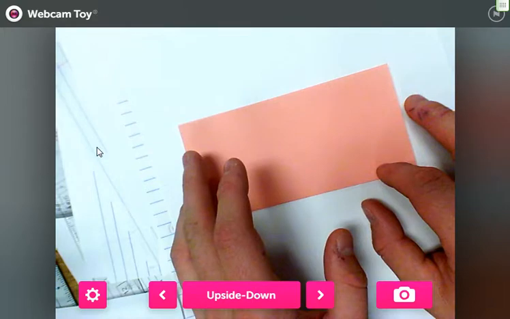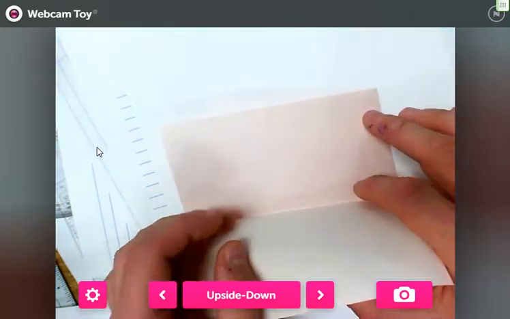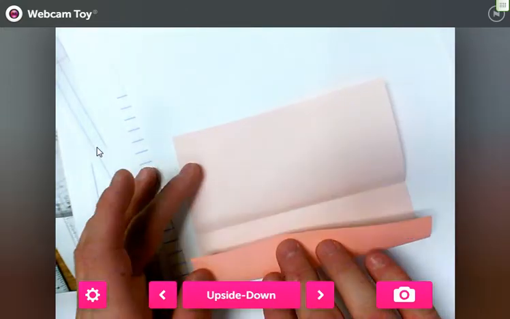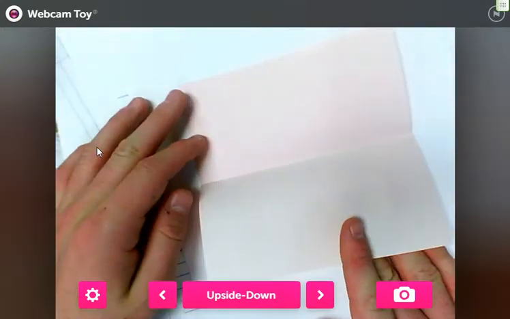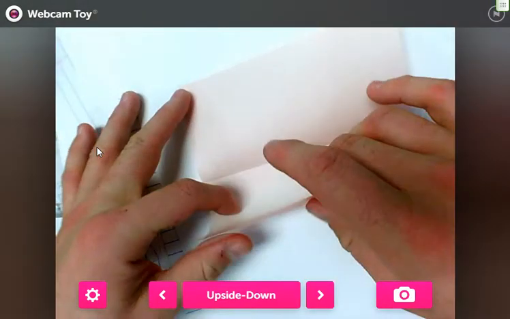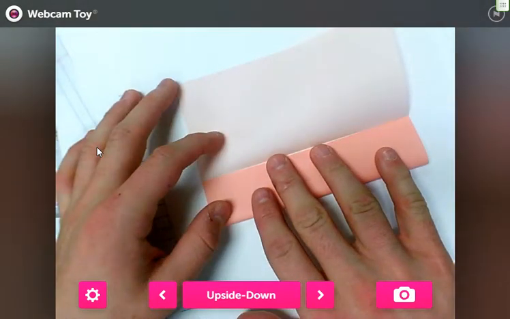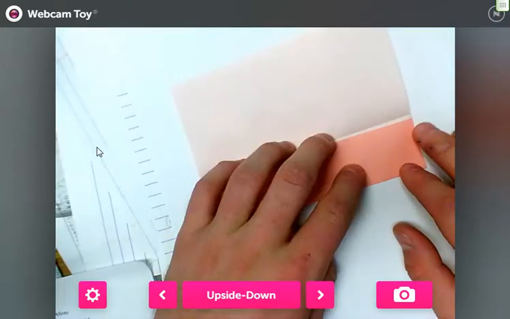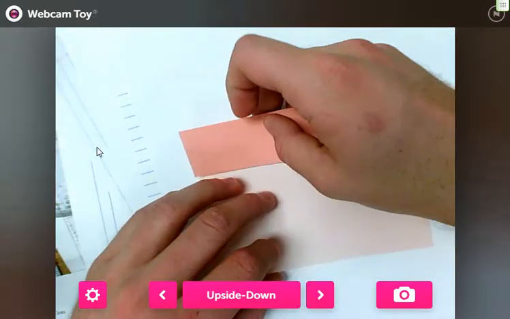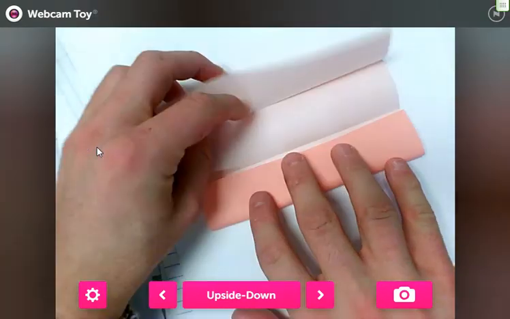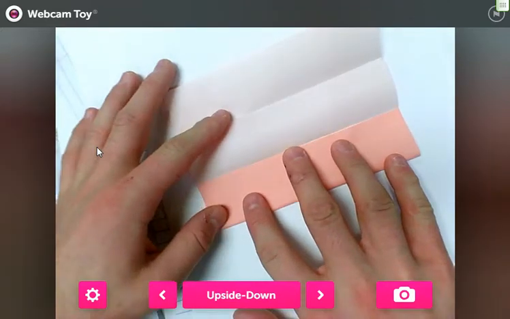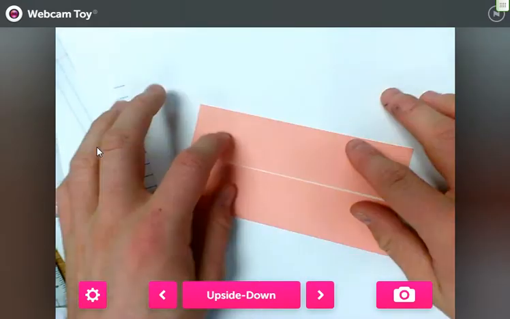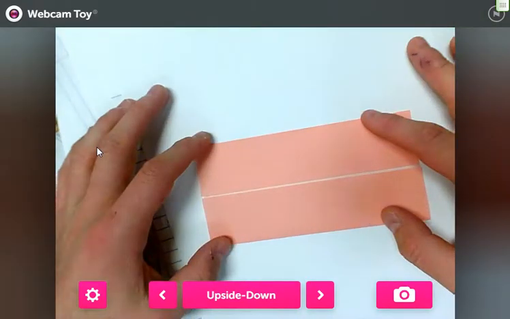Now we're going to unfold it, and we're going to fold the outsides to the middle crease. I'm going to fold this edge to the middle, and you're going to do that on the top and the bottom. You should have something like this when you're done.